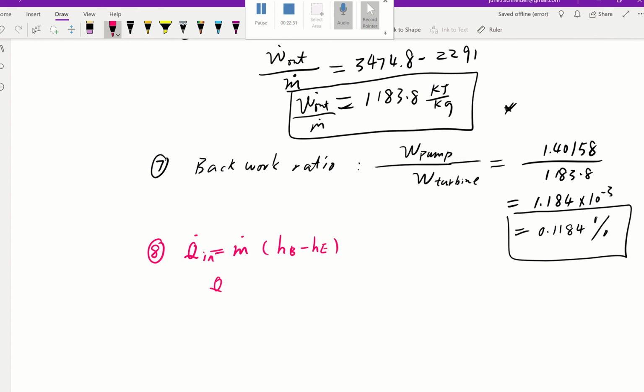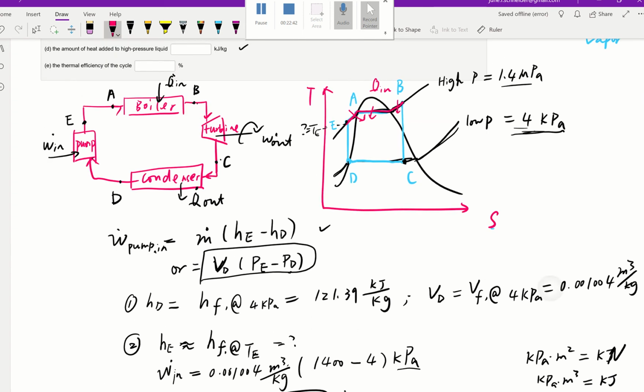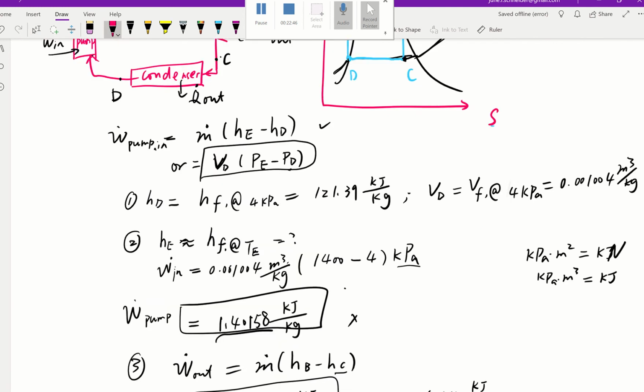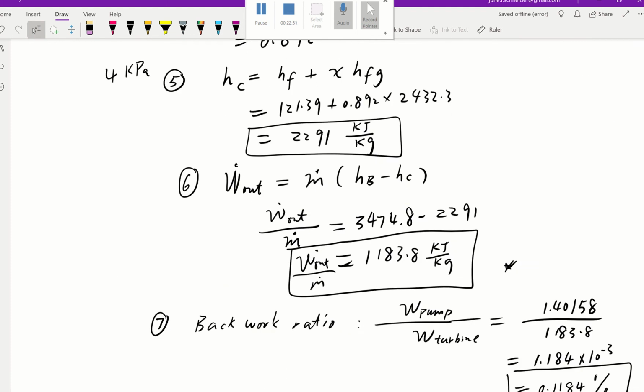Again, since it's work in kilojoule per kilogram, we just need to find the enthalpy change. Do we have HB and HE? We know HB from previous, it's 3474.8.